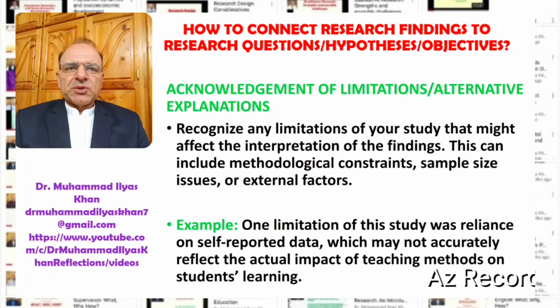So here what we do is recognize any limitations or restrictions of our study that might affect the interpretation of our findings. Every study is based in certain contexts, certain theoretical contexts, certain practical contexts and constraints. Every research design has its own implications, every sample selection.